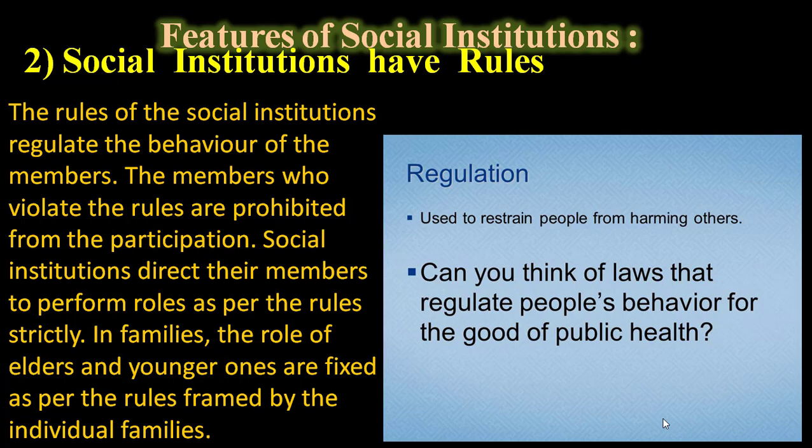Social institutions direct their members to perform roles as per the rules of the society. In families, the roles of elders and youngers are fixed as per the rules framed by the individual families.